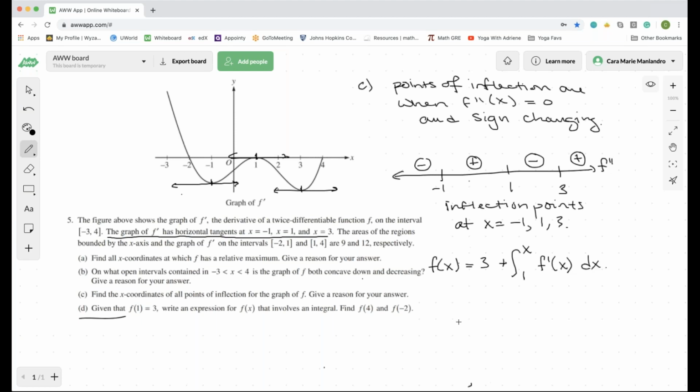This is essentially the fundamental theorem of calculus. I'm starting where I'm starting, and then to get the value of my function, I'm going to integrate from the x value I start at to wherever I want to go. Everybody okay with that setup?